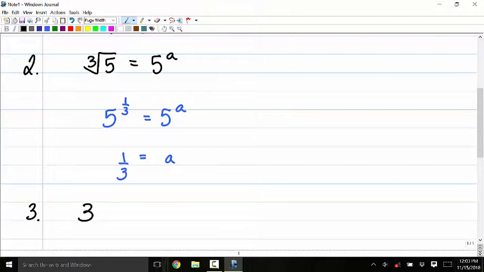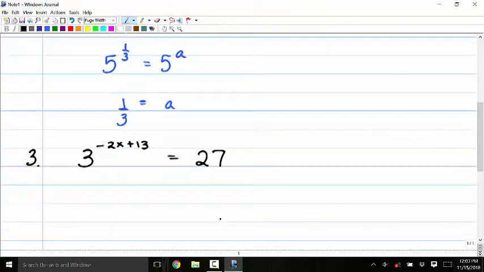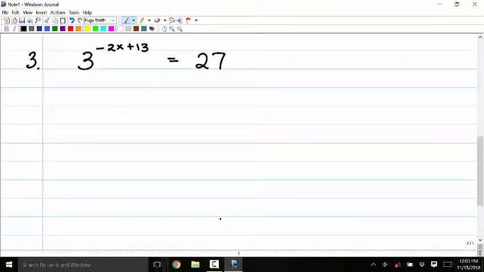3 to the power of negative 2x plus 13 is equal to 27. 27 is 3 to what power? 3 to the third. I think they're trying to drill that into you.